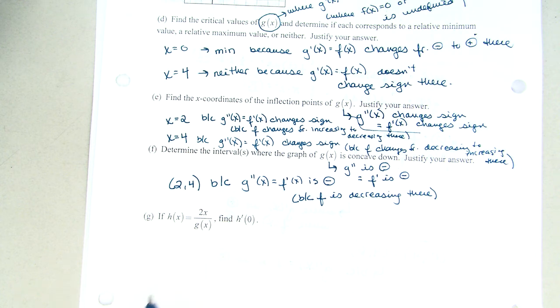I want to find the derivative of that thing at 0. What rule do you have to use? The division rule, the quotient rule. Write out your quotient rule, see what you can do with letter G. This goes back a while, but I think we can figure this out.